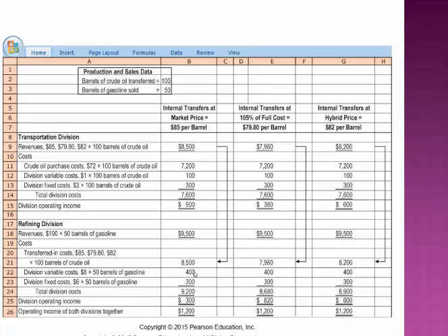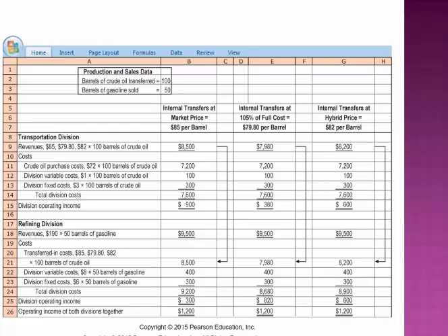Notice that these are going to be carried across as well, just like the revenues were. What is going to differ in our scenarios here is what the refining division is going to be paying for the transfer price from the transportation division. Alright, so we'll come back in a minute and we'll look at the 7980 number, which is showing up right here, and the 8200 that's showing up right here. But for right now, let's continue on with looking at the operating income for the refining division.